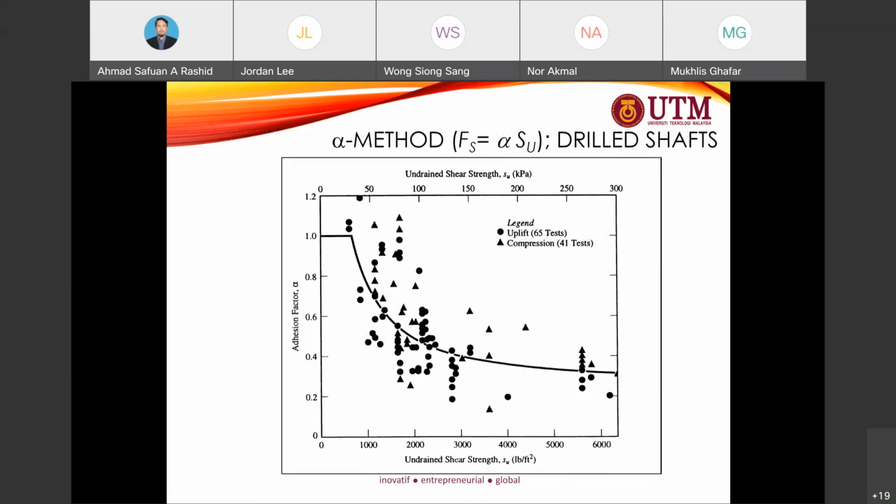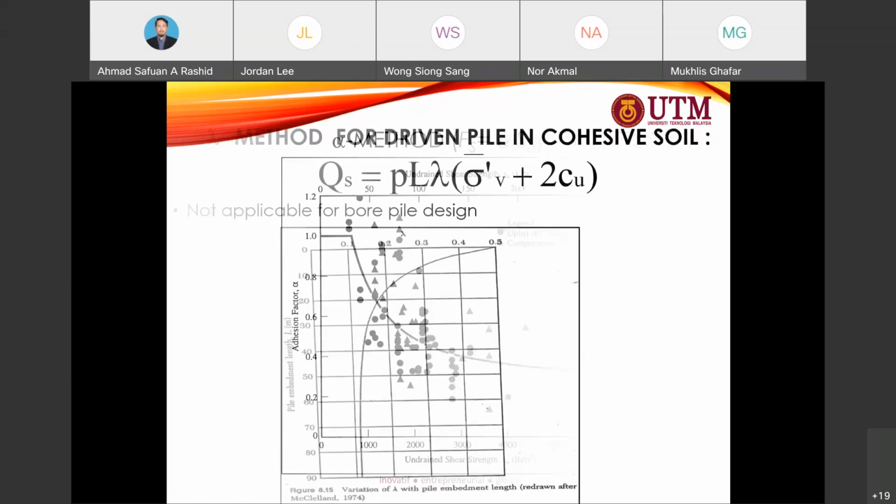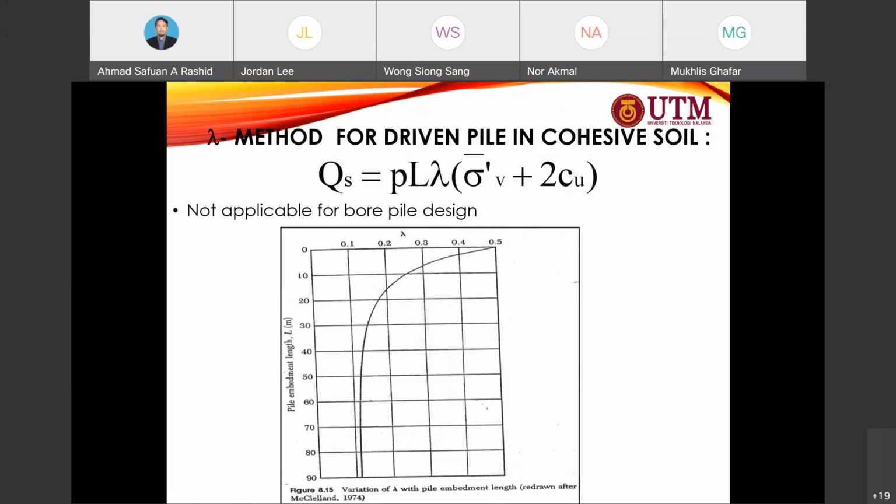This is also the alpha determined based on the undrained shear strength. Then for the lambda approach, this is the equation used to determine the QS based on lambda.